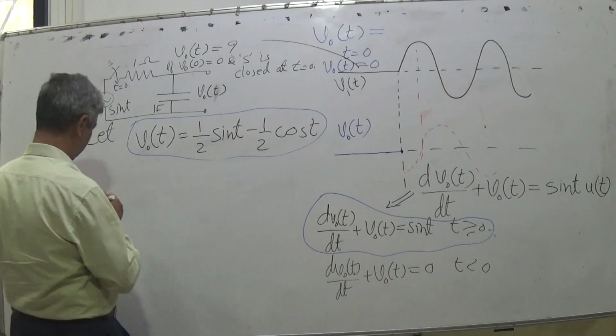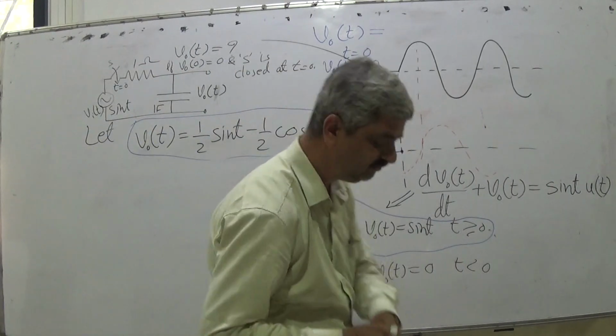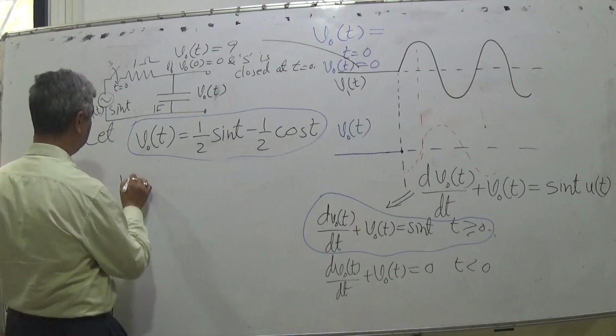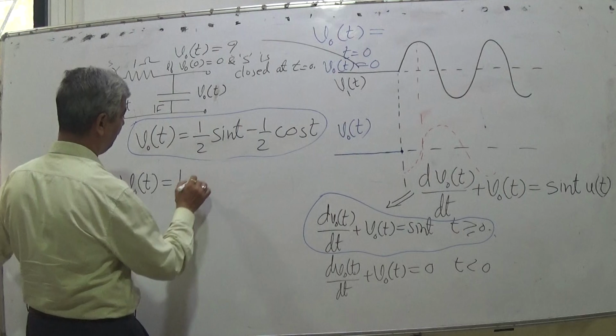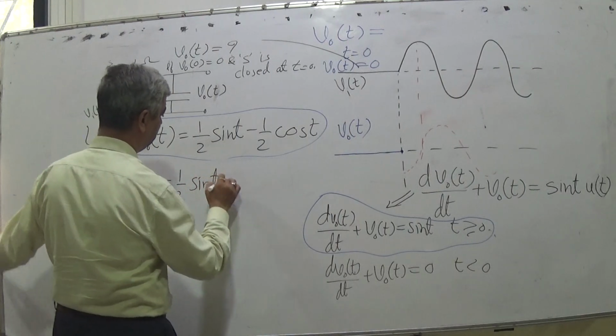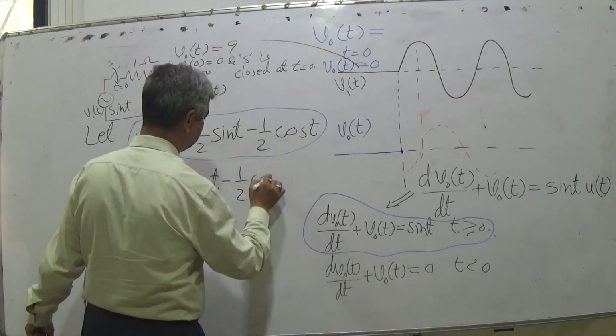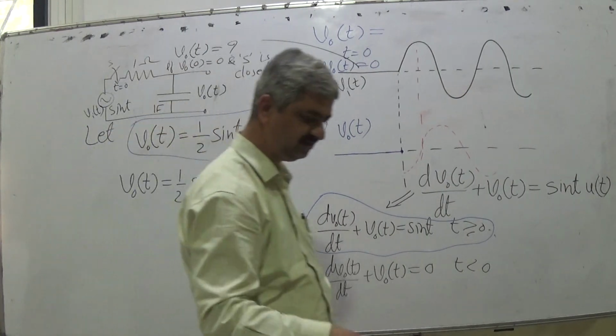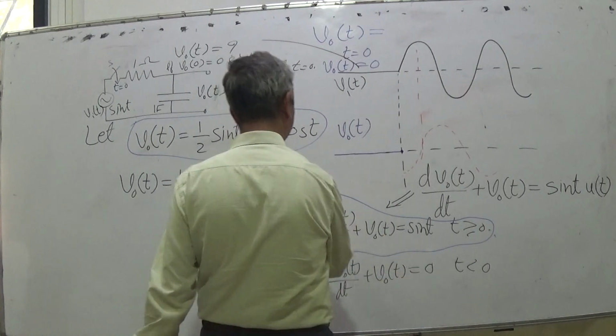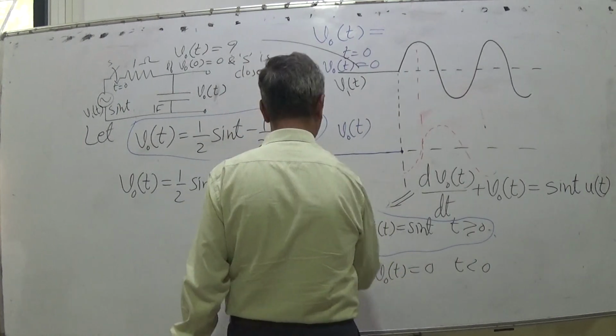VOT is equal to half sin t minus half cos t. Yes, this is right, but it does not fulfill my requirement at t equal to 0.